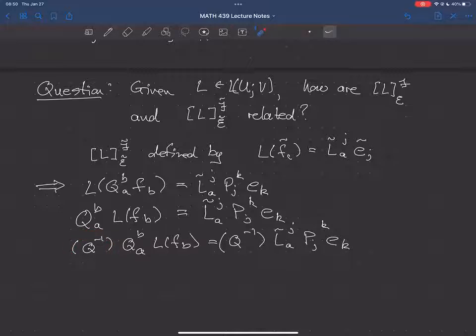Remember, I'm multiplying Q inverse by Q. The B on Q is already being summed over, so the free index here is A. That means I need to put an A up here to give me matrix multiplication, and then I get a new index down here, which I'll call C. That's how you do these calculations.